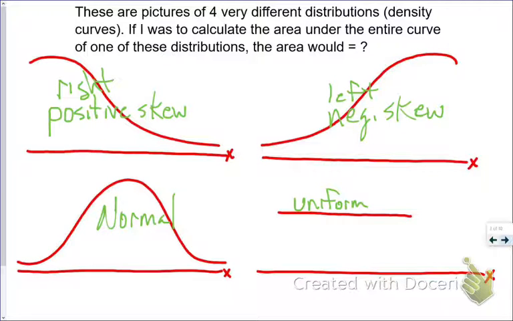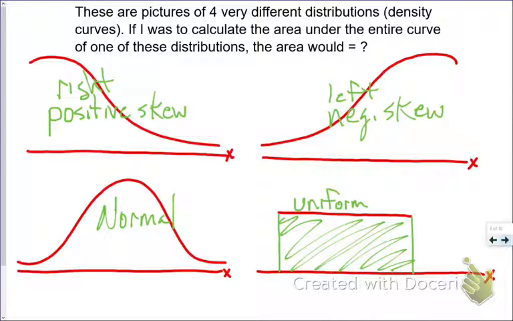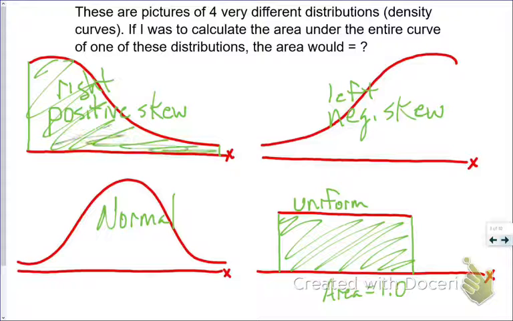Let's pretend that I drew a picture of the entire distribution of some 4 hypothetical distributions. If I was to shade, let's start with the easy one, this entire distribution, the area would equal 1. And same for the other 3. So on the right one, this is the beginning, this is the end, and you shade the entire area. That proportion that I just shaded is 1.0.